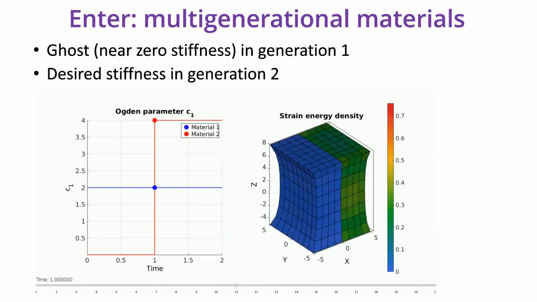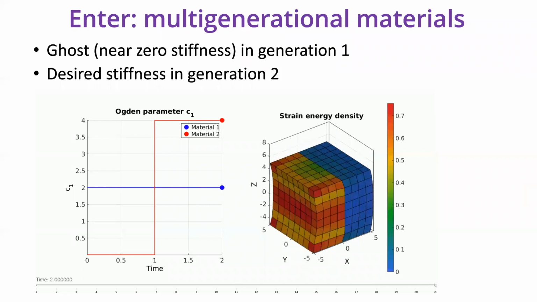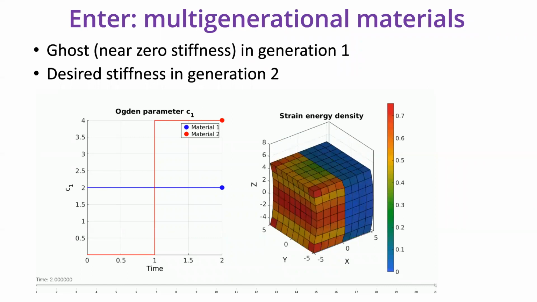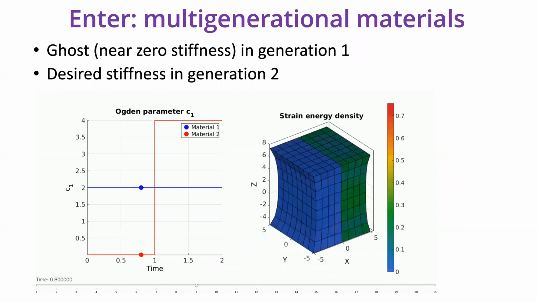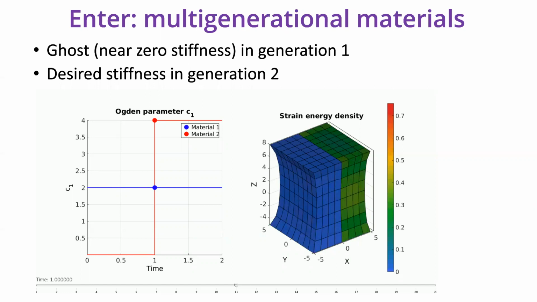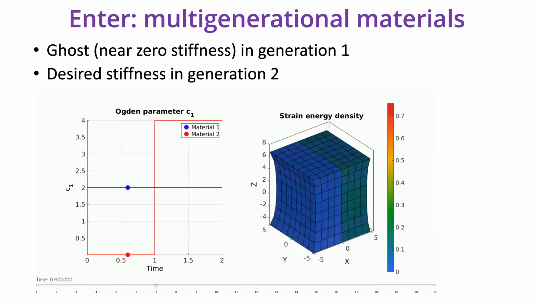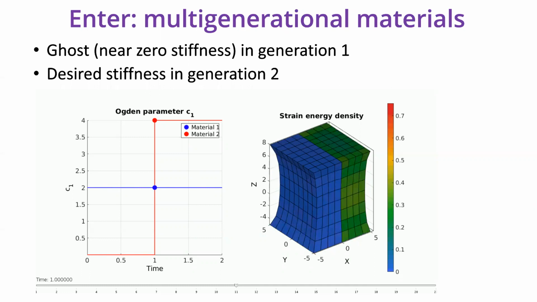Initially, what we could do is create a space in our material, and we give it an initial stiffness that is basically worthless. It's ghostly, nearly zero stiffness, insignificant. The other side of the cube has a normal, say, rubber-like property, and that's our blue line. It just stays the same stiffness the whole time.